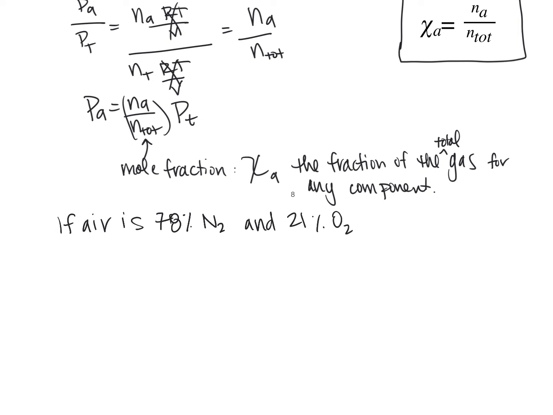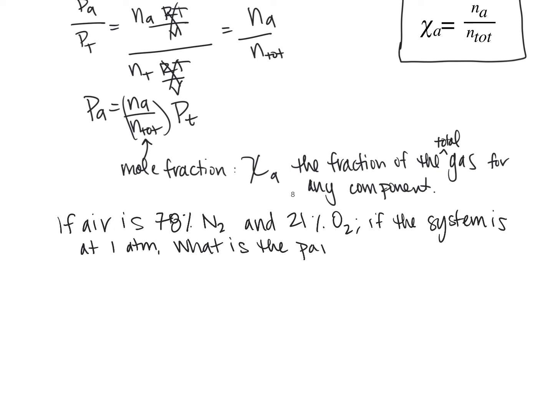The remainder percentage, because 78 plus 21 is only 99%, is a mixture of argon and carbon dioxide. So if the system is at 1 atmosphere, what is the partial pressure of N2 and O2?